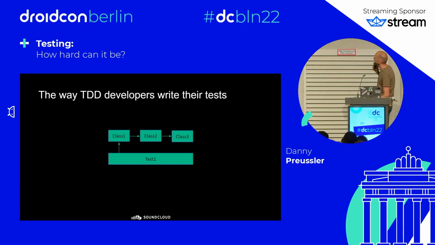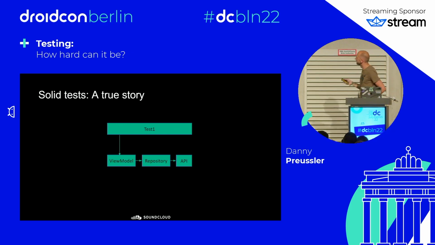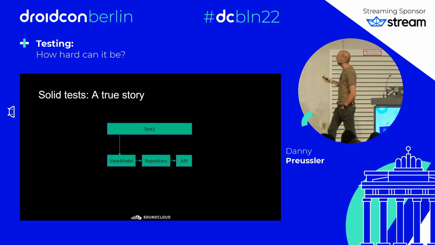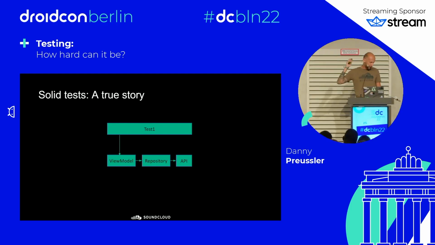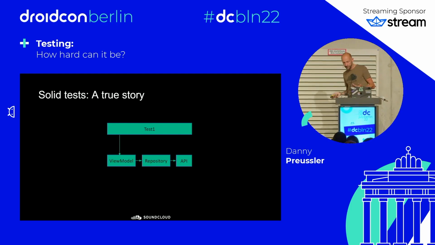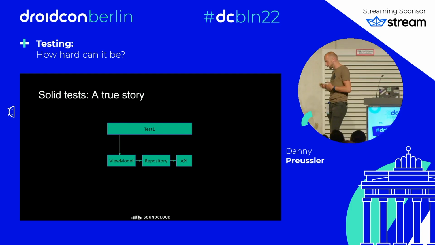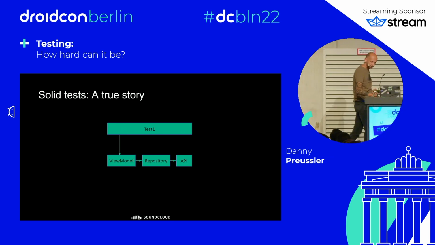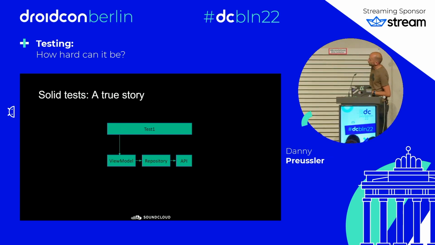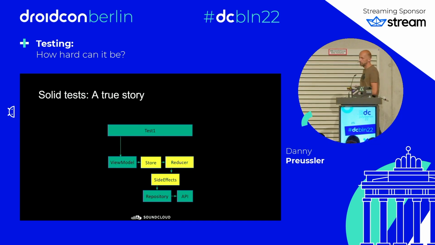So let me tell you a true story of a project I worked on. We had some tests, and they coupled a view model, repository, and API. So similar to what I've shown you. We've written all these tests. And then I was working with this developer, and he was really eager to introduce something like this: store, reducer, side effects.